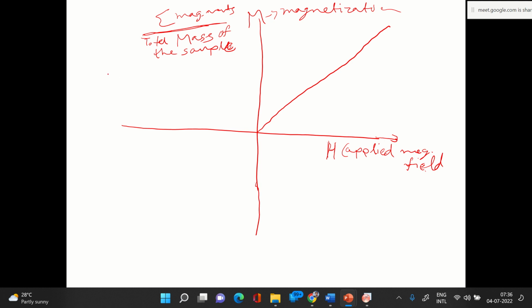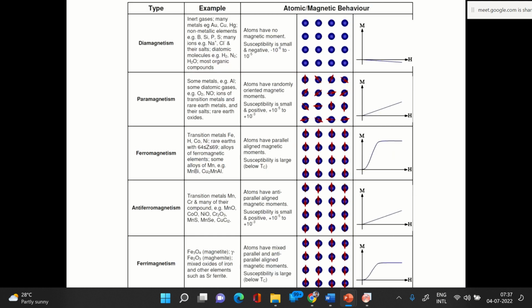So that is a typical behavior of a paramagnetic substance, where you will get M versus H as a straight line, and when you reverse the direction of the magnetic field, it will go like this. So the spin will be inverted in that case. This is the minus H side, this is plus, so it is indicative of the reversing of the direction.